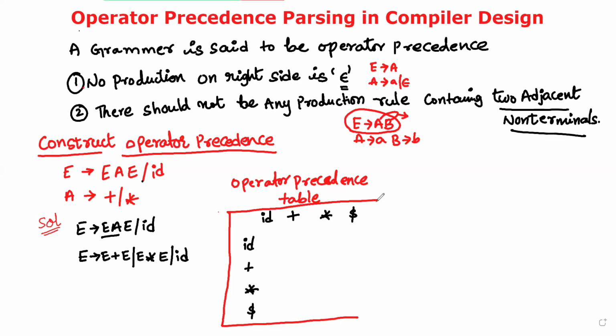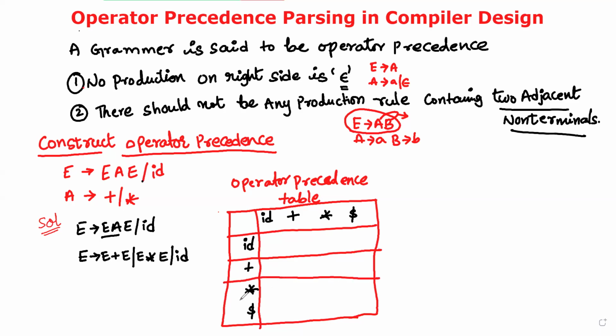So this is called an operator precedence table. Now I am going to compare ID with ID. Remember, when you compare ID with ID, no value will come.